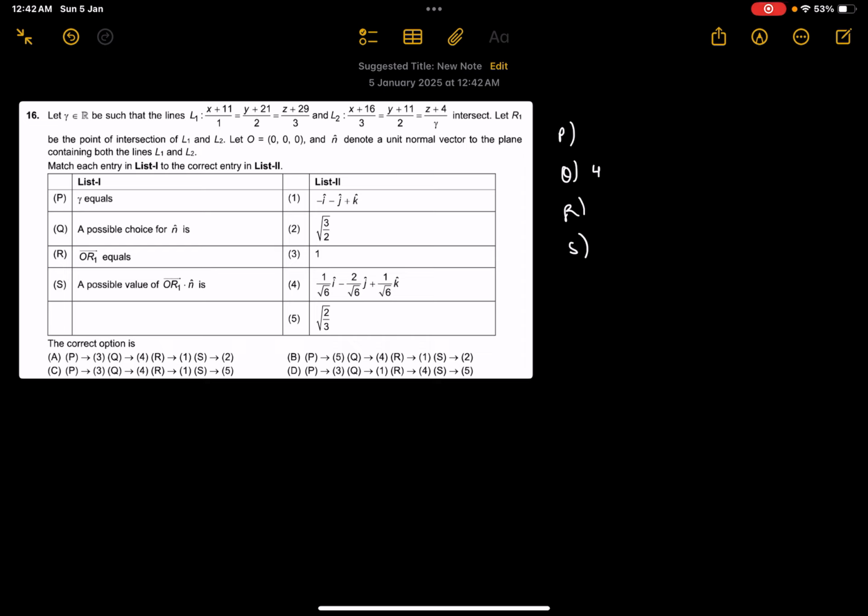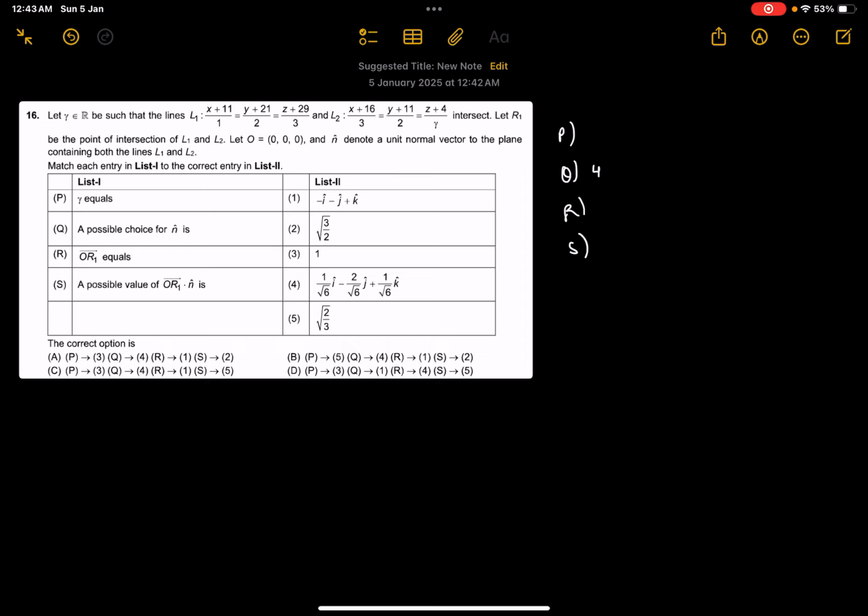And our option is the vector OR1. So in fact OR1 simply is the coordinates of point r1, so those coordinates should lie on both L1 and L2. So the only vectors in list 2 are 1 and 4. 4 is on the side of irrational, so we'll first try to see if 1 lies on L1.